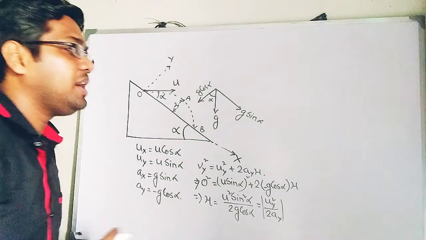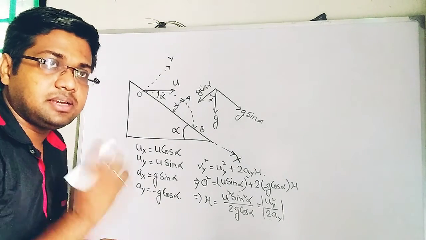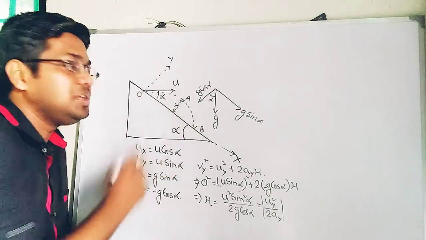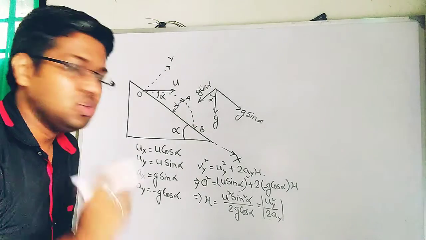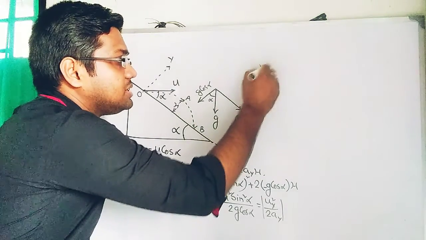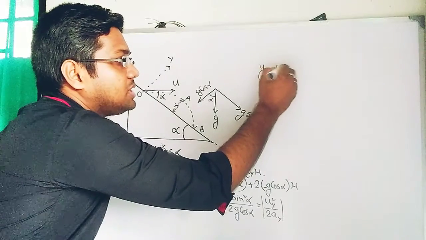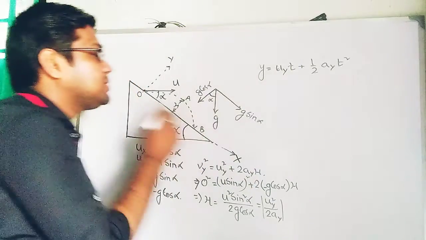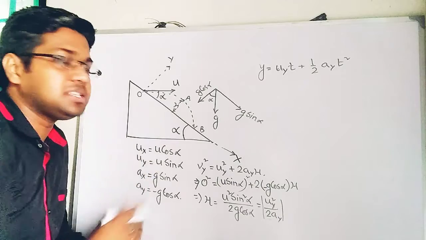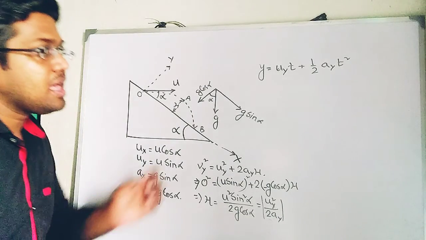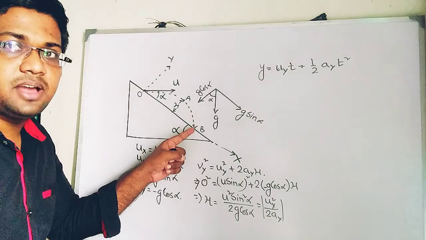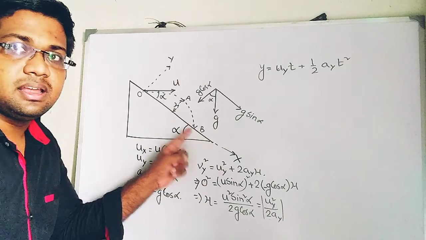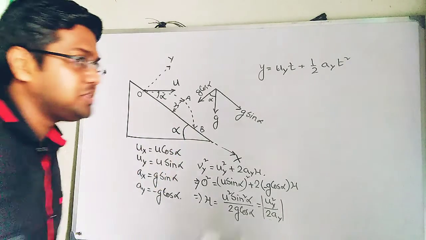After that, if I want to find the total time of flight, the time taken by the particle after throwing from O until it reaches the plane again, we will write the equation of motion along the y-axis. After throwing from the point O, if the particle again reaches the point B, this is considered the total time of flight, and the displacement along the y-axis will be 0.